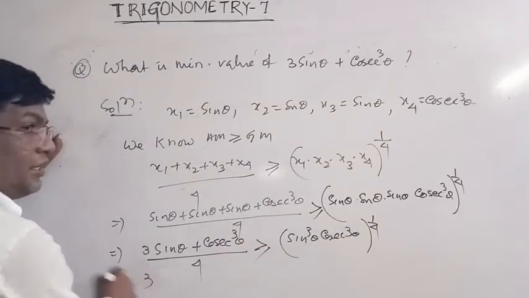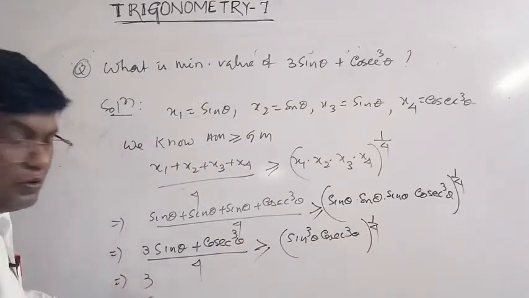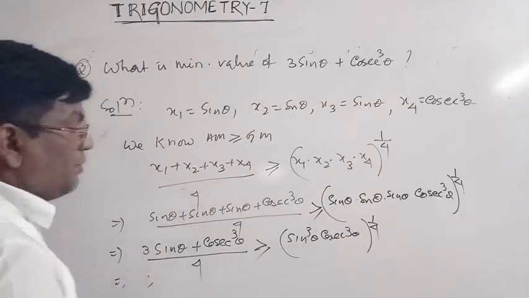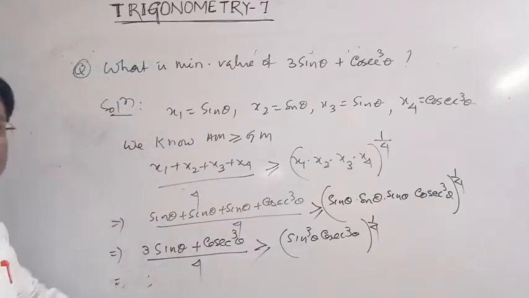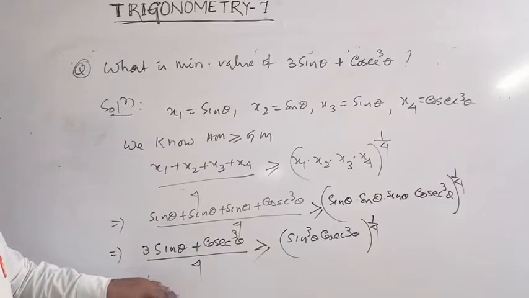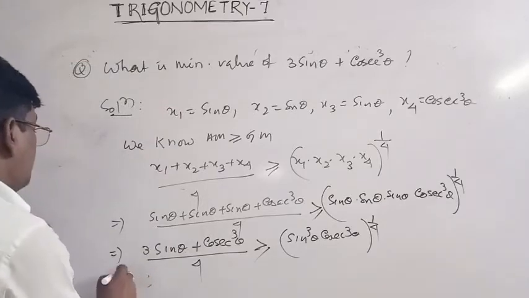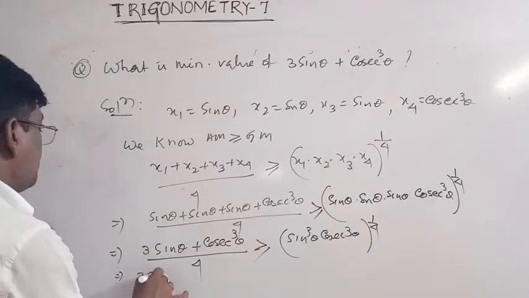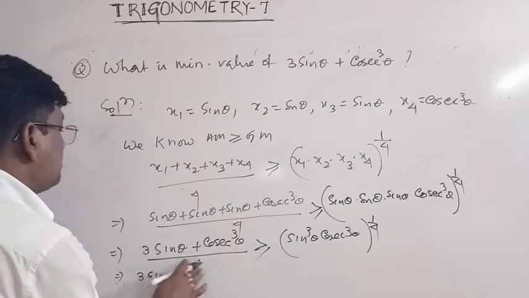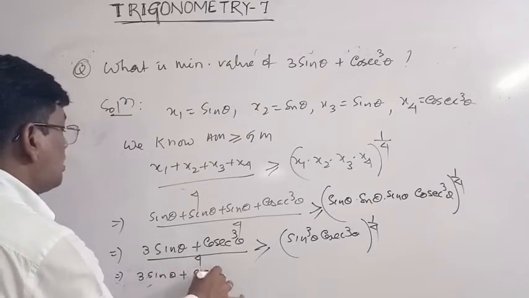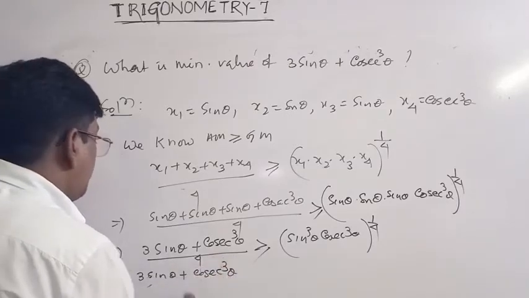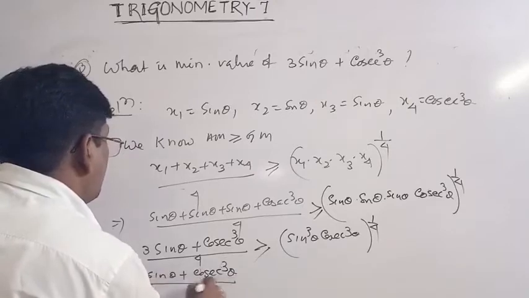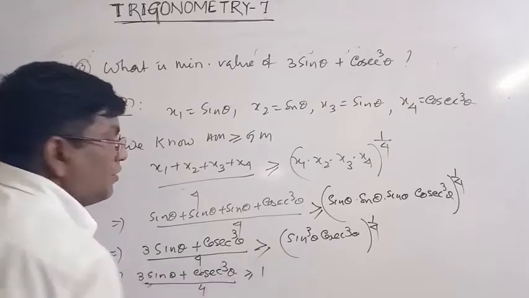So that implies 3 sin theta plus cosec cube theta divided by 4 is greater than or equal to 1.